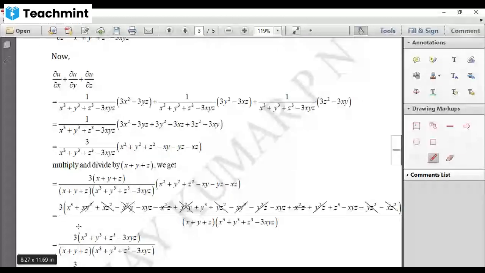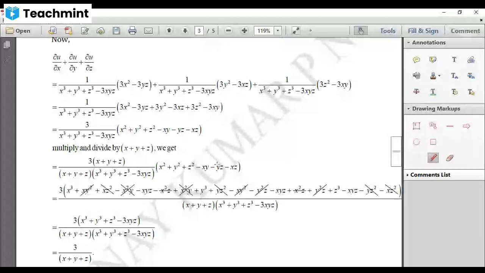Now I'll multiply this with this, x into this plus y into this plus z into this. You'll get this much. And cancel out the terms which get cancelled, right? Xy square minus xy square, xz square minus xz square, x square y minus x square y plus x square y, like that.